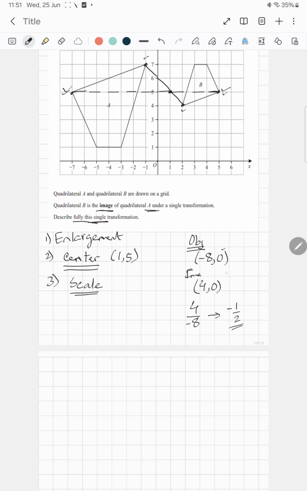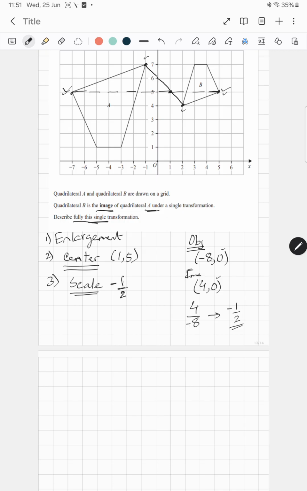Here the y coordinates are 0. Even if you had done it with the y coordinates of these points, the same result would have come. Since both are 0, you're not getting any particular result here, but you can easily do it with the x. So the scale is basically minus half.